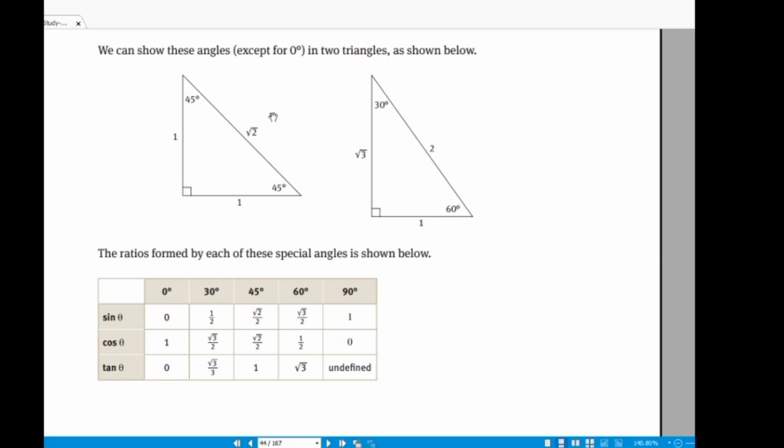But if you calculate sine 45 from a calculator, you'll have square root of 2 divided by 2. So if you write square root of 2 divided by 2 straight away, they will know you used a calculator, or you didn't refer to these special triangles.